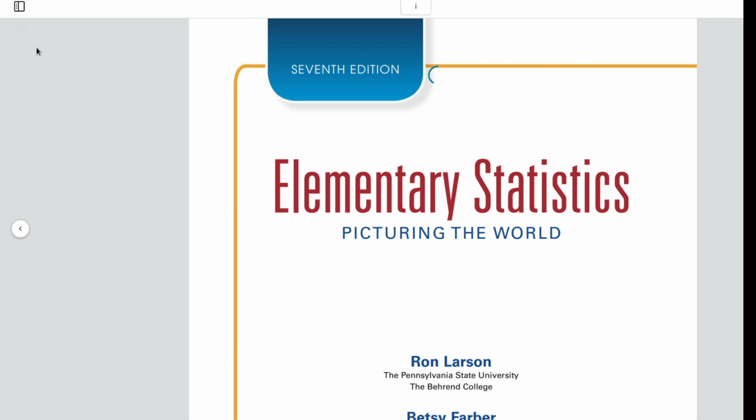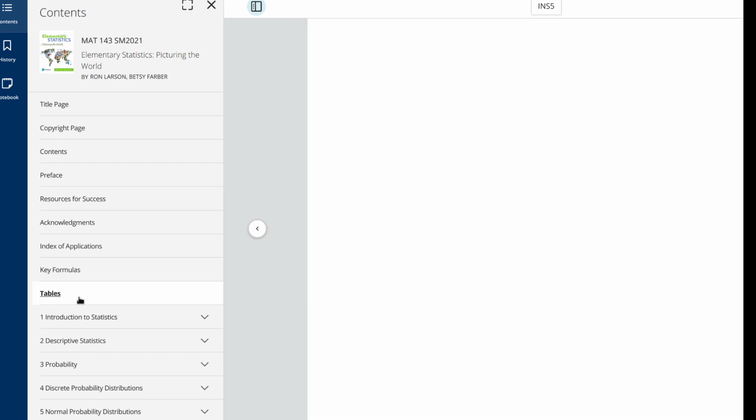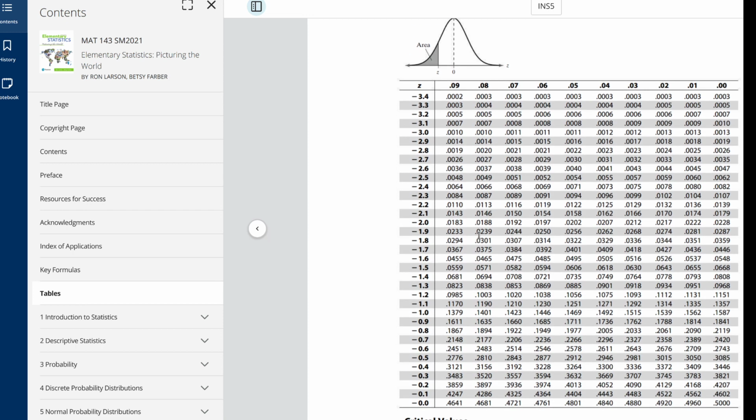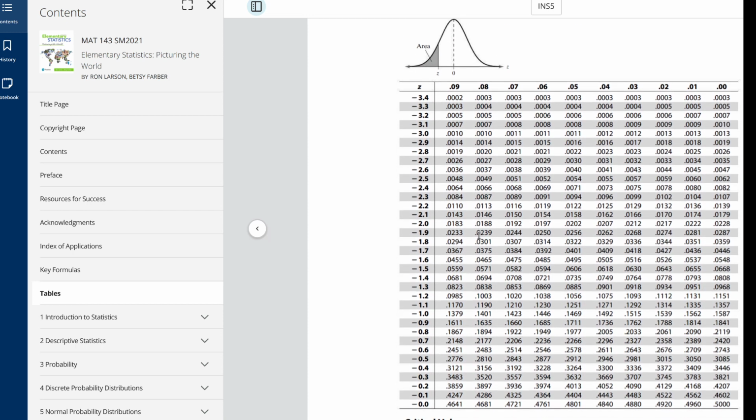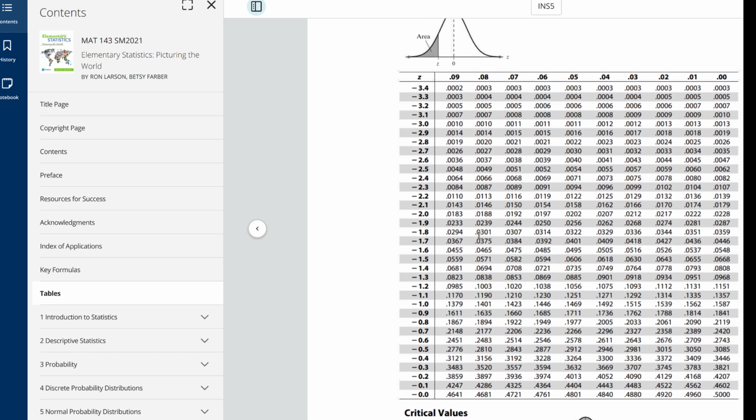In the table of contents, I'm going to go to tables. And here's a standard normal distribution. Our z-score is negative 1.75, so I want to build the number negative 1.75. I come down here, and here's negative 1.7, and I need to get the 5, which is down this column.